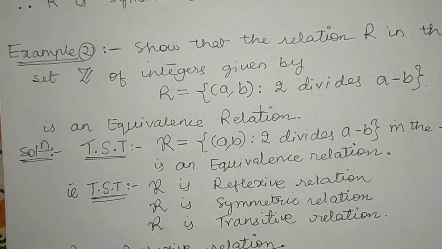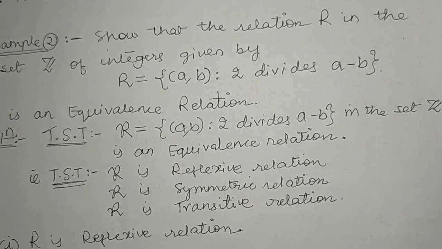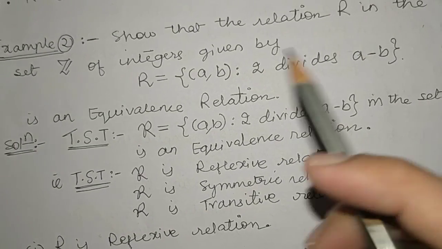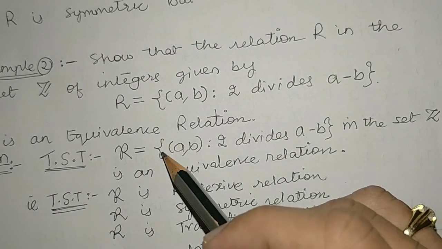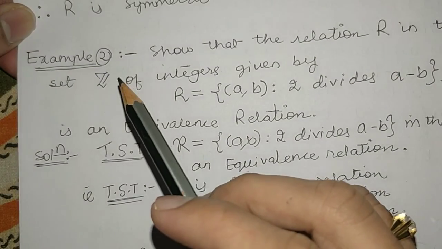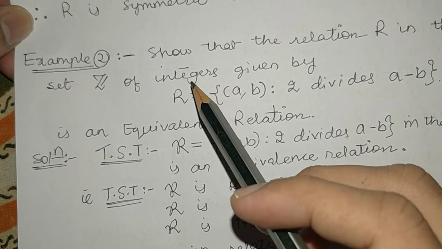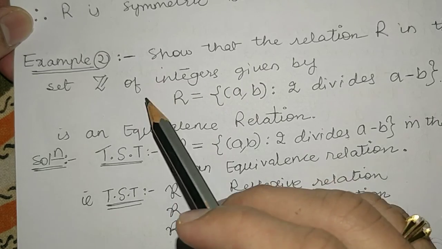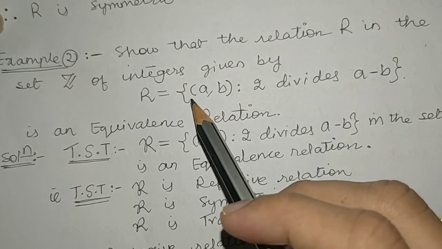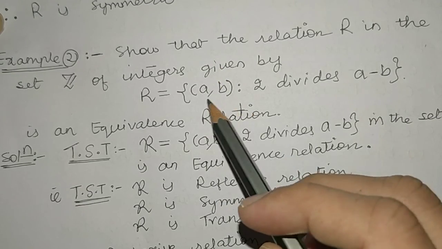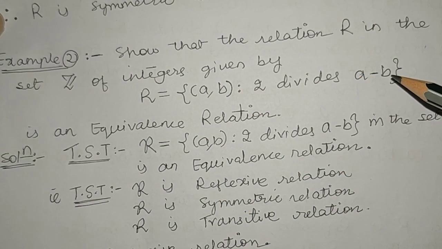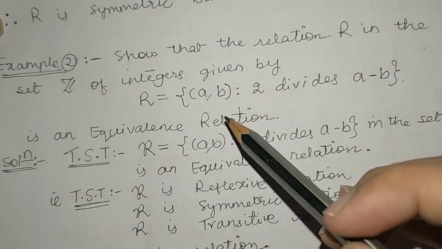Now let us go to example number 2. Let us see what the question is first. Show that the relation R in the set Z of integers, where script Z is the set of integers, given by R equal to the set of elements a comma b such that 2 divides a minus b, is an equivalence relation.